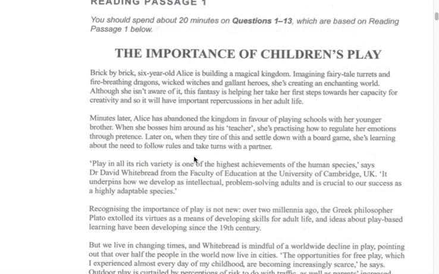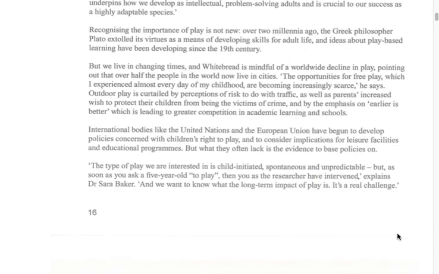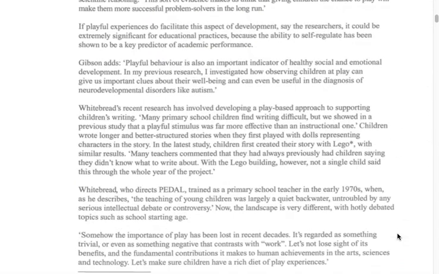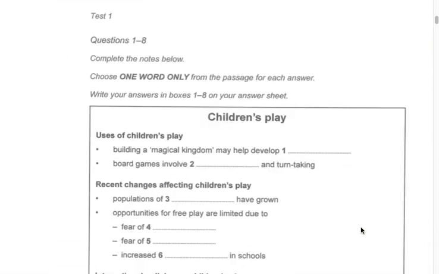Turn taking is already given there. What's missing? Follow rules. She's learning about the need to follow rules. So the answer would be rules. Board games involve rules and turn taking. So what you have to write, the missing word is rules.